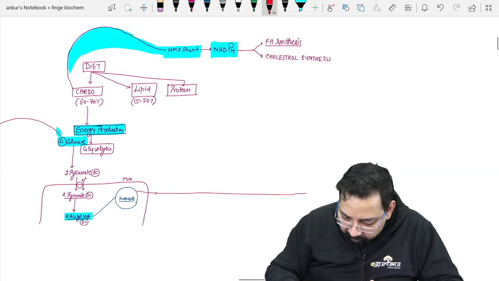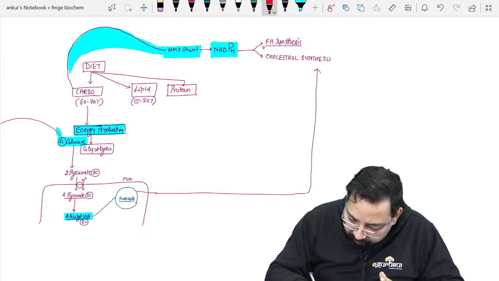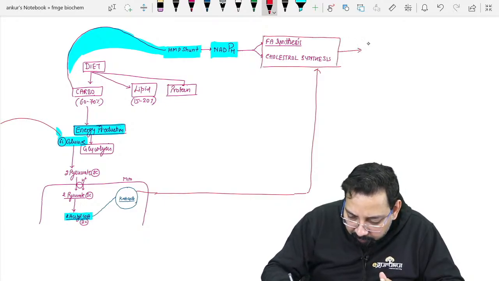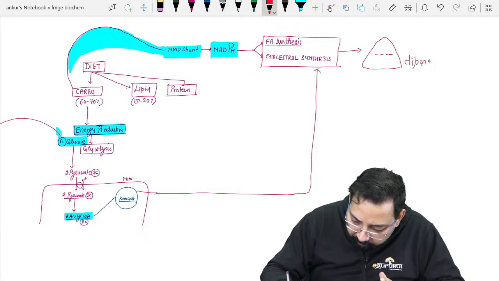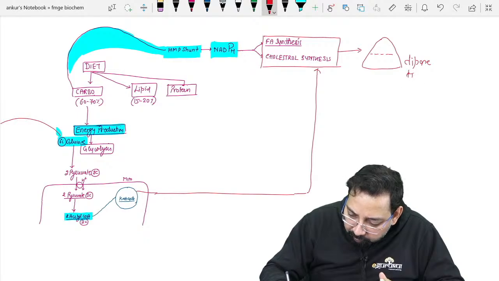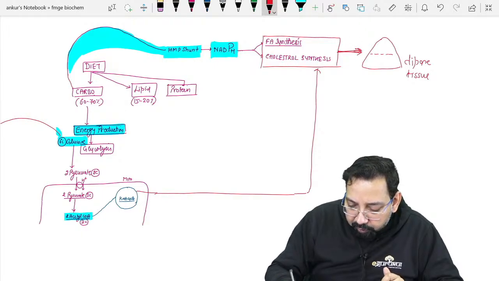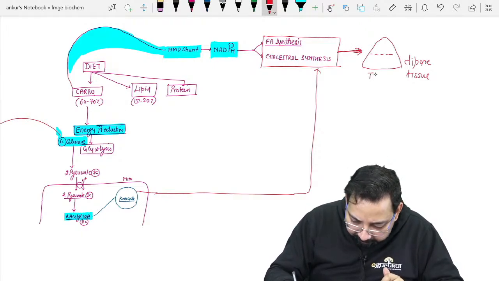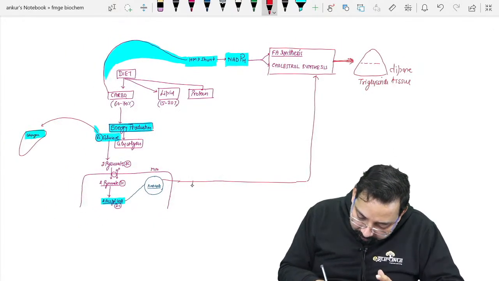Acetyl coenzyme A comes out of the mitochondria and takes part in both cholesterol synthesis and fatty acid synthesis. This is stored in adipose tissue as fatty acid, triglyceride.